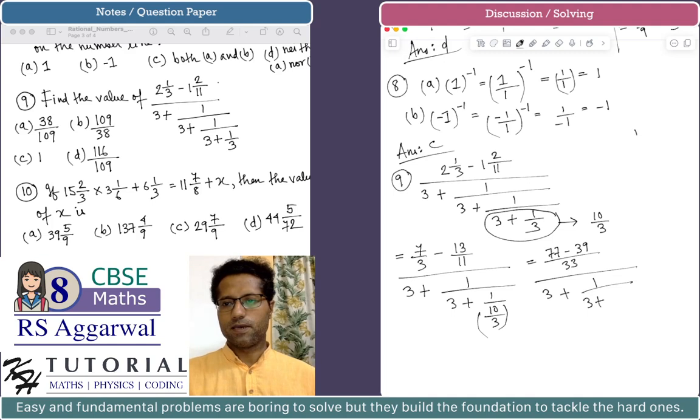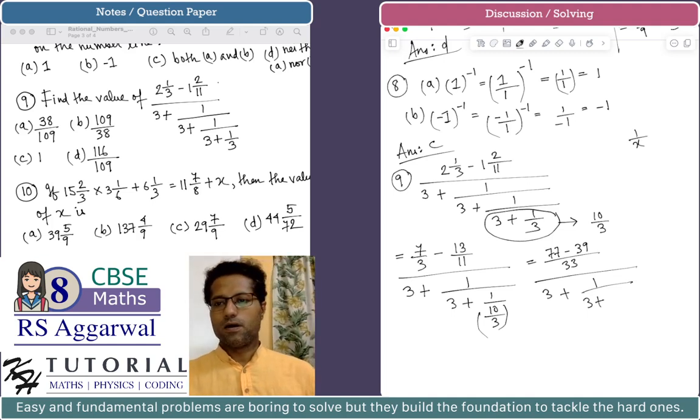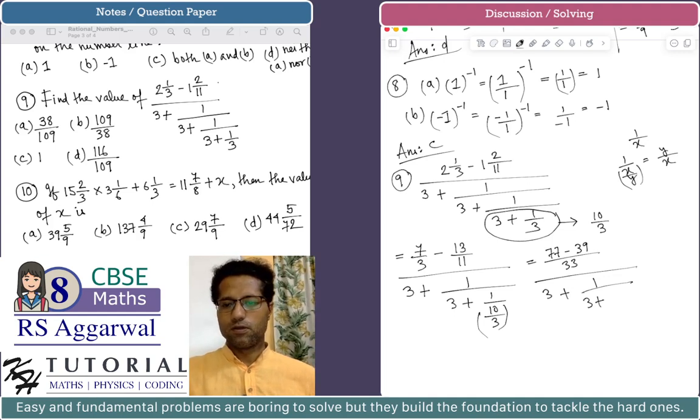What is 1 by x? 1 by x is nothing but the reciprocal of x. So 1 by x by y is equal to the reciprocal of x by y, which is y by x. So the reciprocal of 10 by 3 is 1 by 10 by 3, which is equal to 3 by 10. Okay, so we have this.